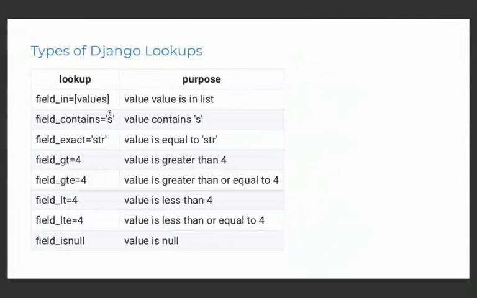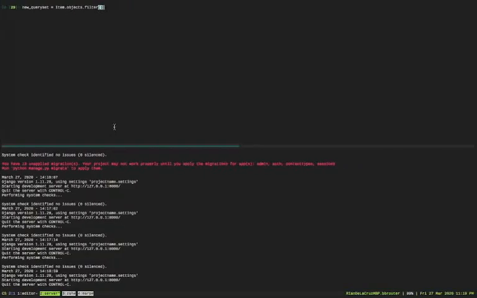There are checks, again similar to what we did in SQL a while ago, for if they're in the list of values, or if it contains a string, if it is exactly that string, if it's greater than a number, greater than equals, less than equals, or if the value is null. Okay, so let's look at that. There's a typo in the slide set, but once you see the slide set, it will be up to date and fixed.